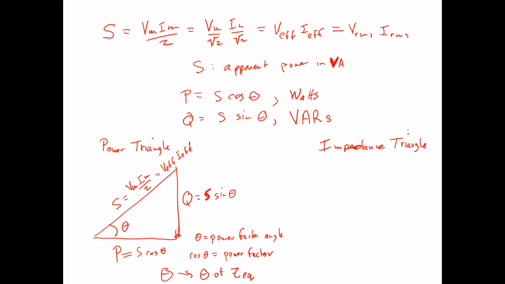So the impedance triangle is when we define Z as R plus some j times some X reactive component, you can write this, try to draw it so it has the same slope.